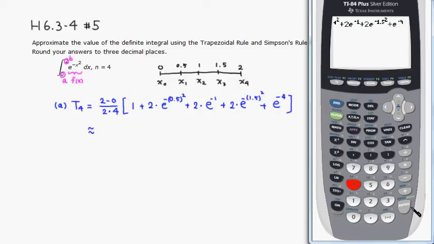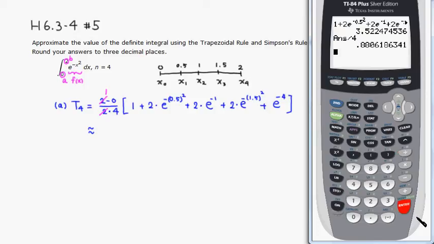So let's hit enter to compute the value. Then you see that the 2 and 2 cancel out, so it's going to be 1 over 4. So you just have to divide by 4. So I'm going to divide this answer by 4, and that will give us the answer.